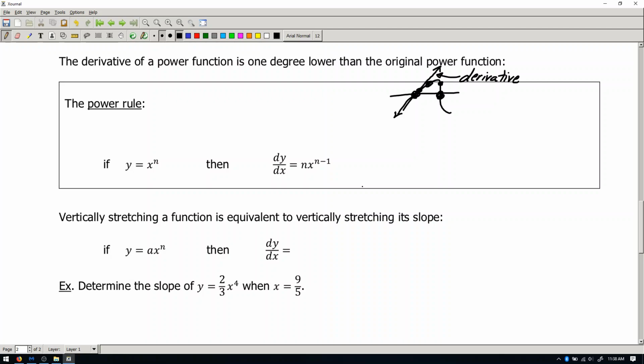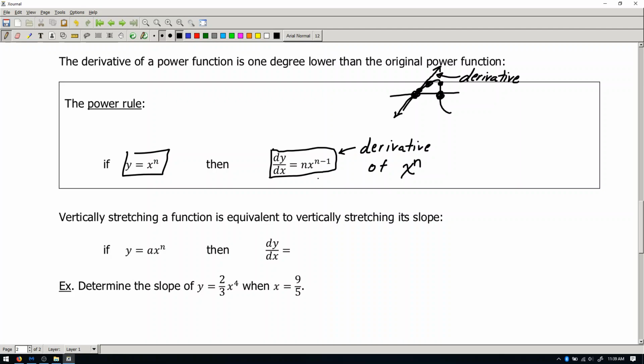The answer is yes. Okay, so what we're going to start off with are the rules for power functions, x to the n. Okay, so if I give you a function x to the n, the derivative is right here. So this is the derivative of x to the n.